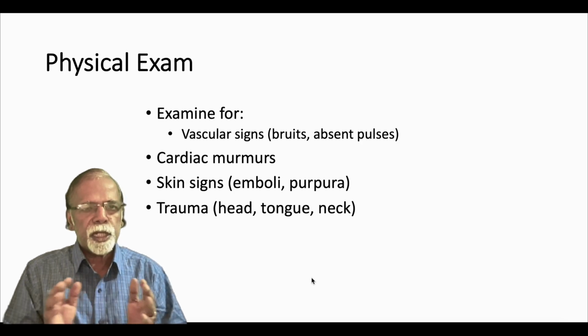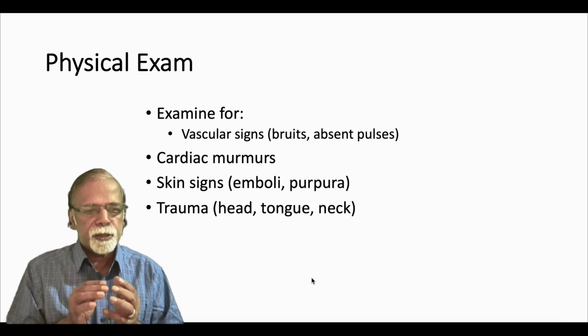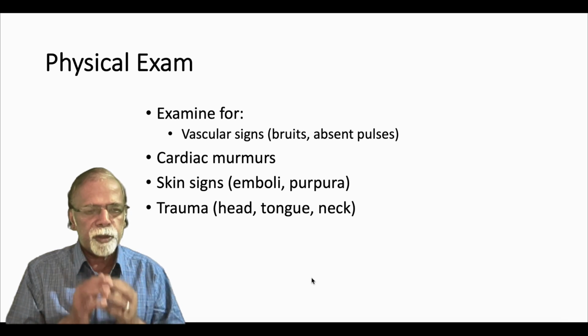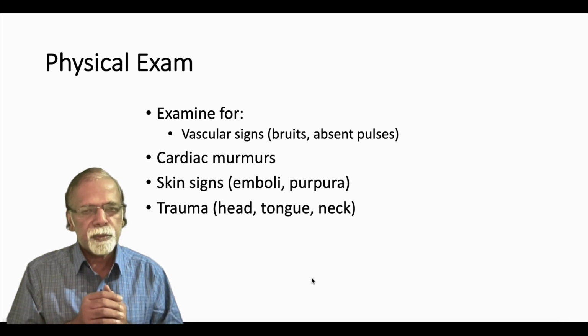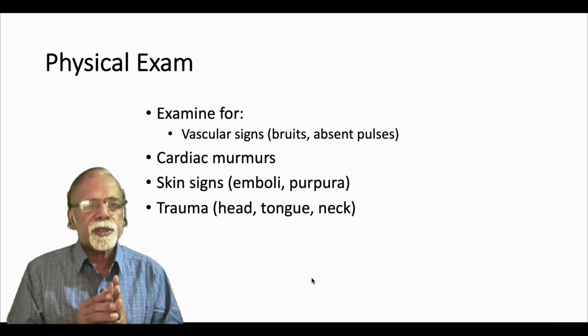Now, quick physical examination. Look for vascular signs like bruits and absent pulses. Check for carotid bruit, vertebral bruit. Examine the heart for cardiac murmurs and examine the pulse for atrial fibrillation.